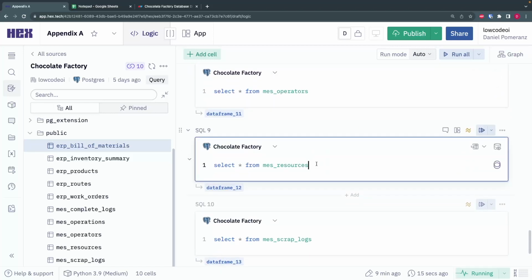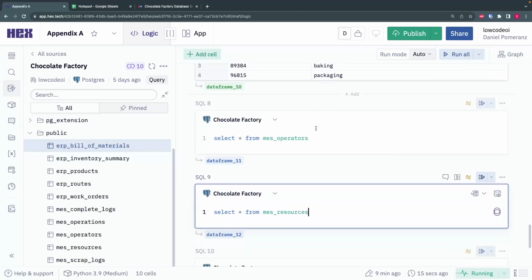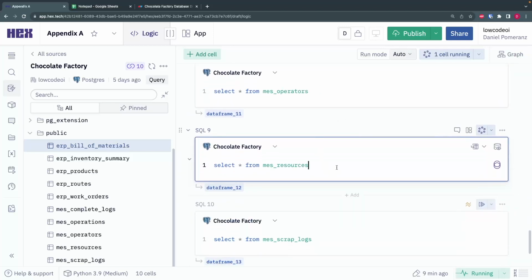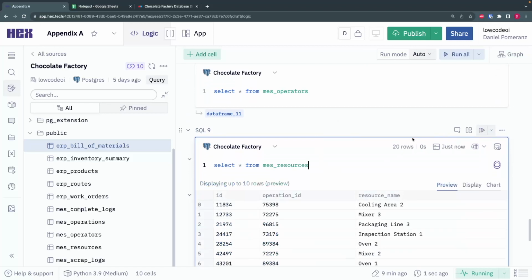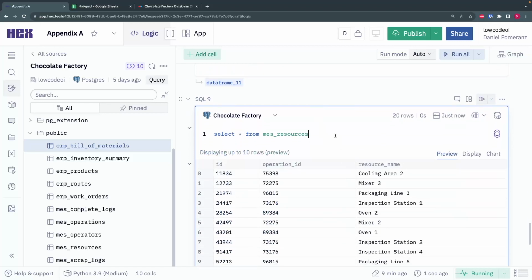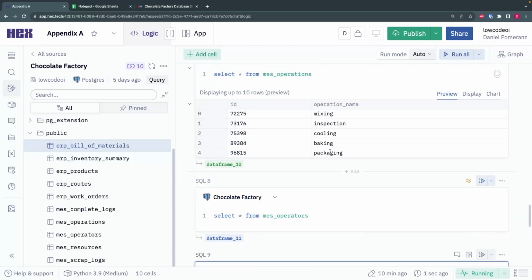I'm going to skip down to resources because it relates to operations. When we run this, a resource represents a more granular physical location, or maybe something slightly similar, but usually a physical piece of hardware that is performing that operation, right?